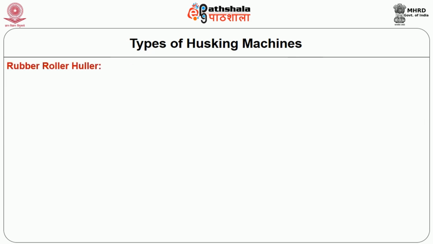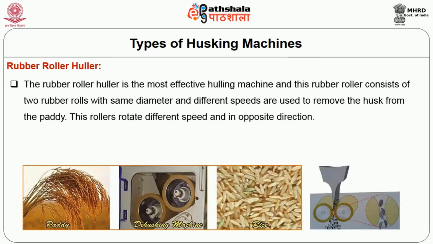With a different principle, the next commonly used huller is the rubber roll huller. The rubber roll huller is the most effective hulling machine. It consists of two rubber rolls with the same diameter and different speeds, which are used to remove the husk from the paddy.